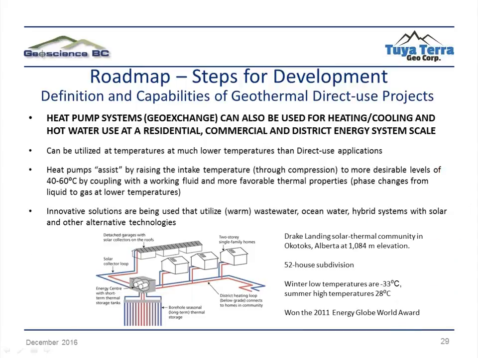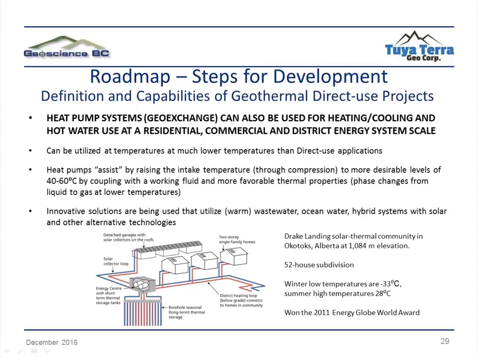So heat pump systems and Geo Exchange systems can utilize temperatures that are much lower than direct use applications. Heat pumps essentially assist a geothermal resource by raising the intake temperature through compression to more desirable levels by coupling with a working fluid with more favorable thermal properties.